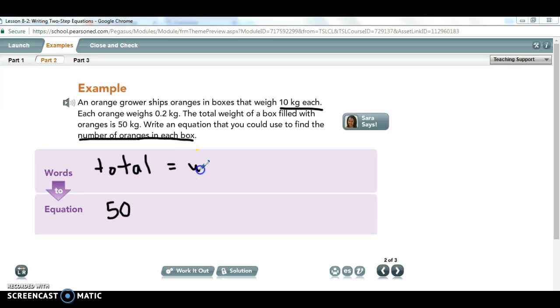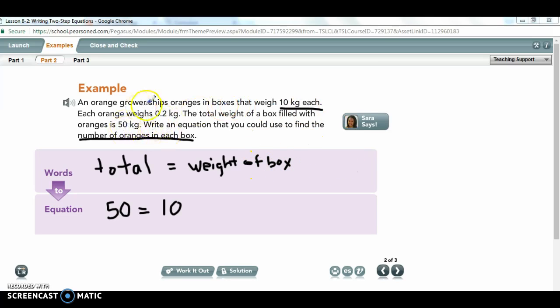So we could say the weight of box, and my weight of box is 10 kilograms. So in my equation, it's going to equal 10. It says each orange weighs 2/10 of a kilogram.